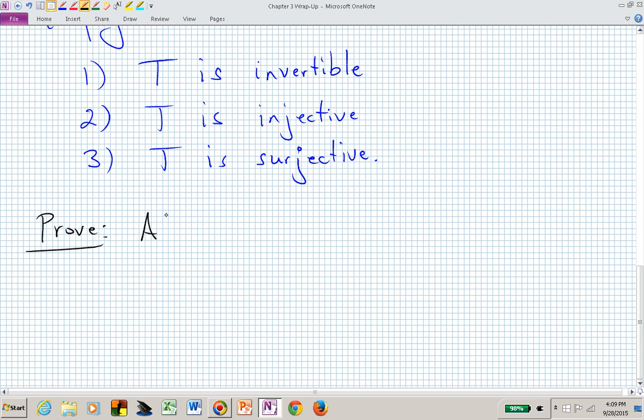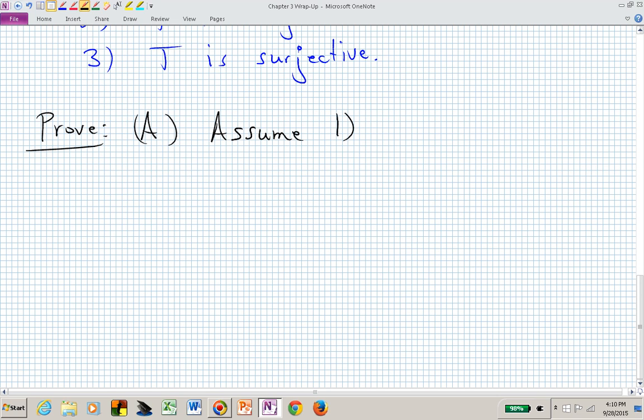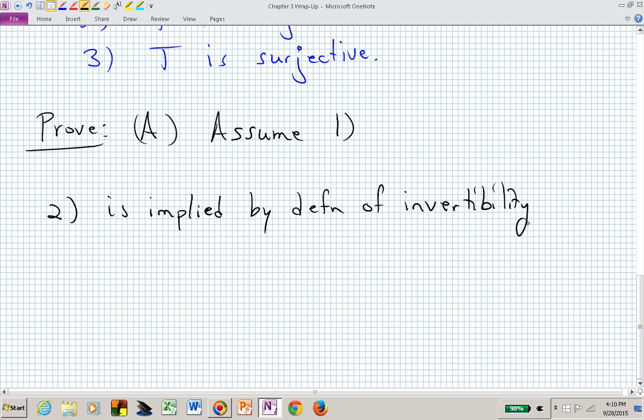So now, the A part of our proof is, let's go ahead and assume that 1 is true. If 1 is true, saying that the operator T is invertible, then really all we have to do is go back to that earlier proof or theorem. 2 is implied by the definition of invertibility.